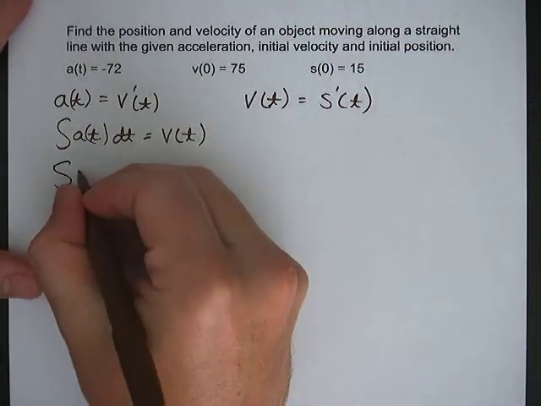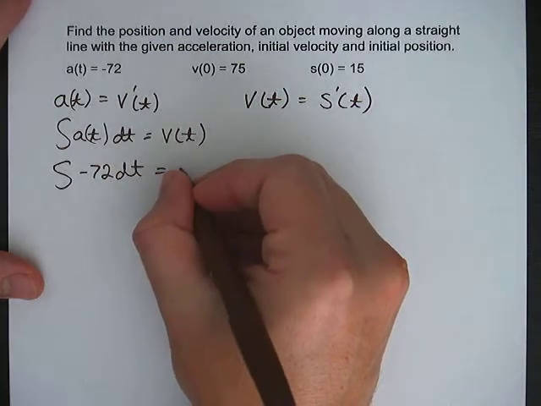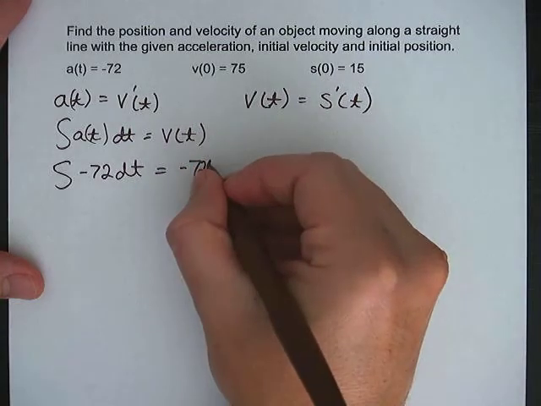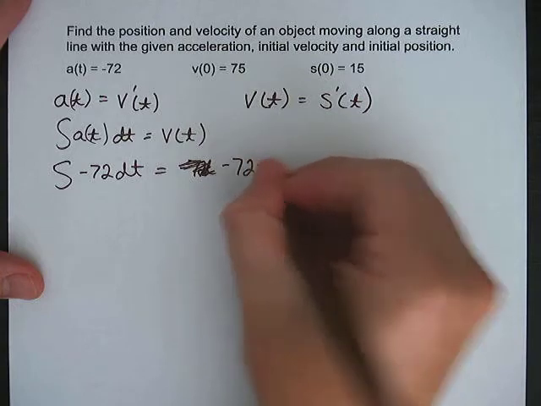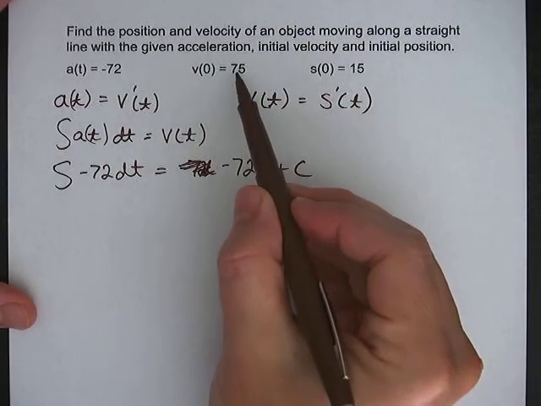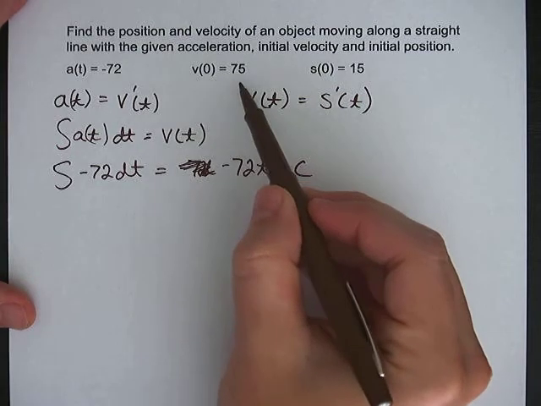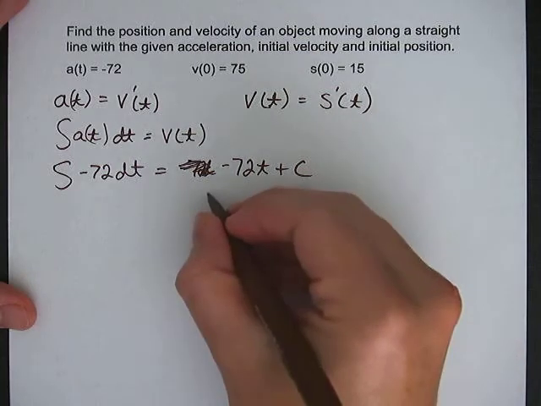The integral of negative 72 dt is equal to negative 72t plus c. We can't leave the plus c there, but that's why this comes in handy: because we found velocity, we'll use the initial velocity, v of 0 is equal to 75.